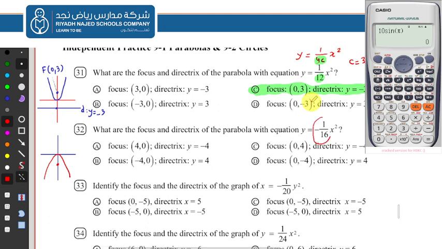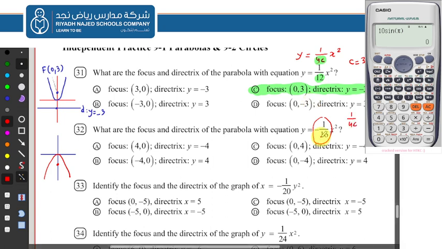Again, this is 1 over 4c. 1 over 4c is equal to 1 over negative 16, or negative 1 over 16. So 4c is equal to negative 16. Don't forget the negative sign here. So 4 times what equals 16? 4. So c is equal to negative 4. In order to get negative 16, c must be equal to negative 4.